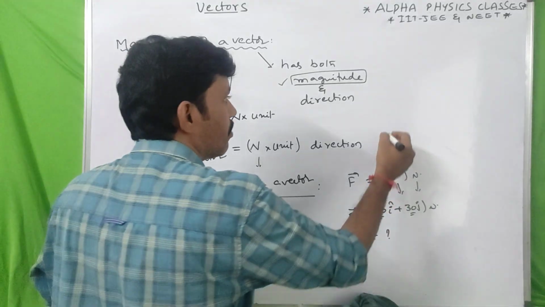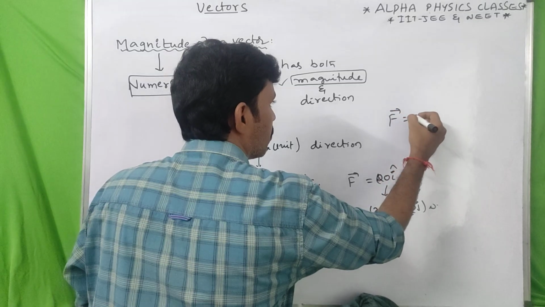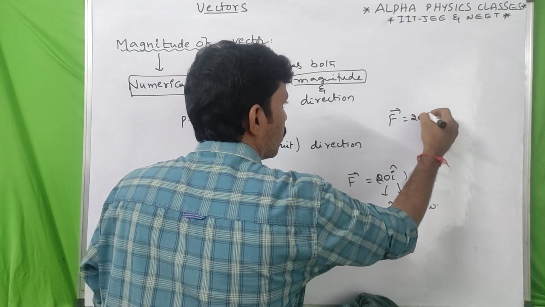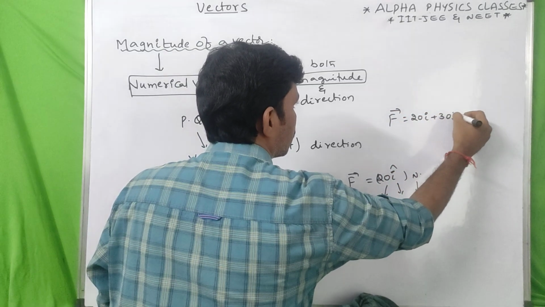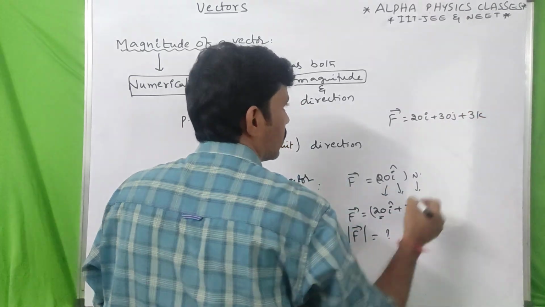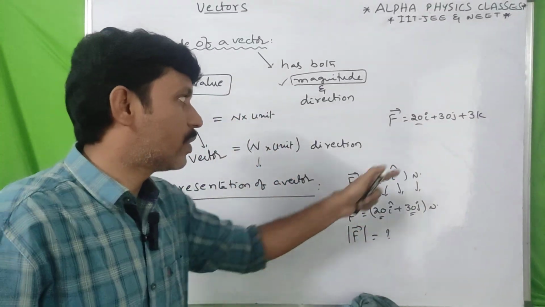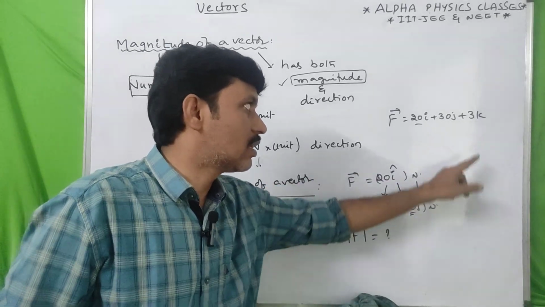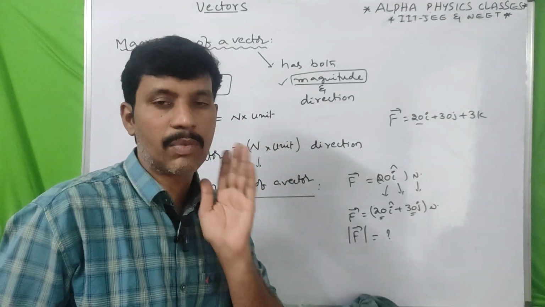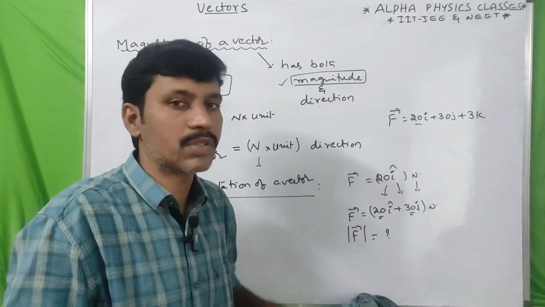For example, in three dimensions, the same force vector can be represented like this: 20 i plus 30 j plus 3 k. Here along x direction the magnitude is 20, along y direction 30, along z direction 3. But what is the entire total magnitude of the force vector?